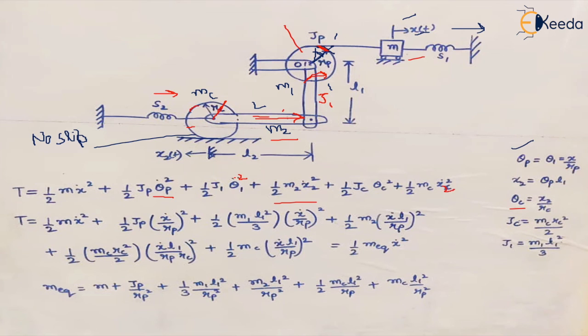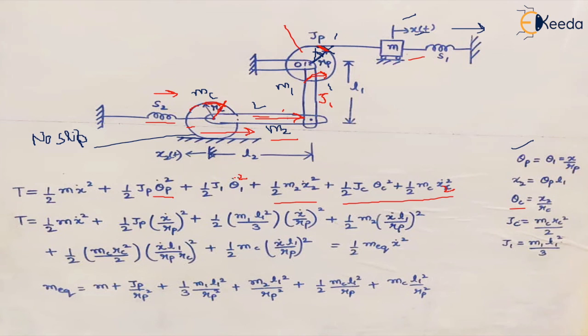Now because of the rolling, this mass has this rotational motion, and along with this, because of the spring, it will have linear movement in this direction. So this is the total kinetic energy of this cylinder.